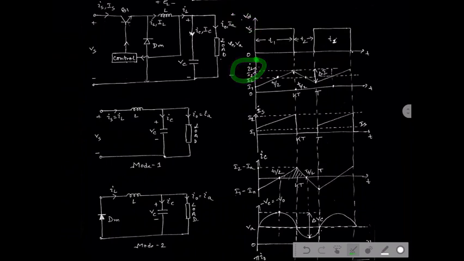Okay. Now what about IS? See, IS is here. That means in the first mode of operation, the supply current or source current is equal to IL, but in the second mode of operation, there is no question of IS, only IL is there. That means IS is absent.